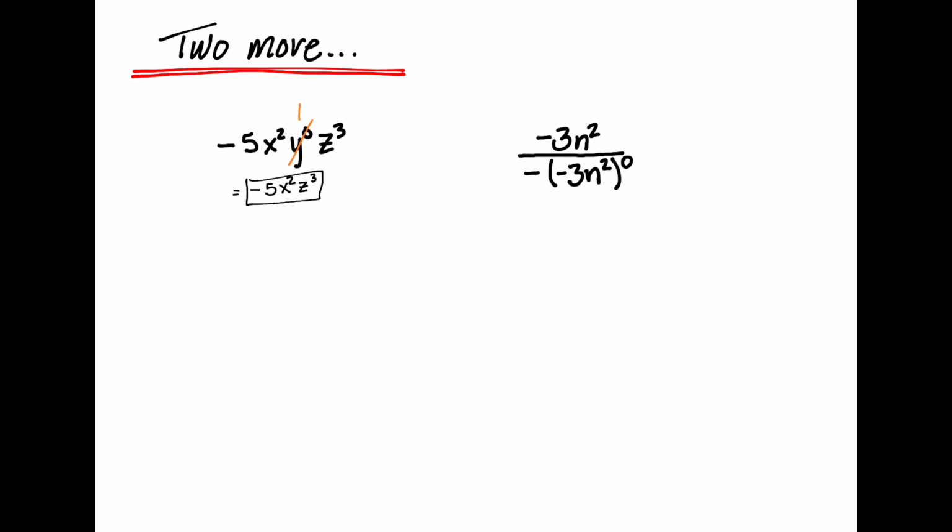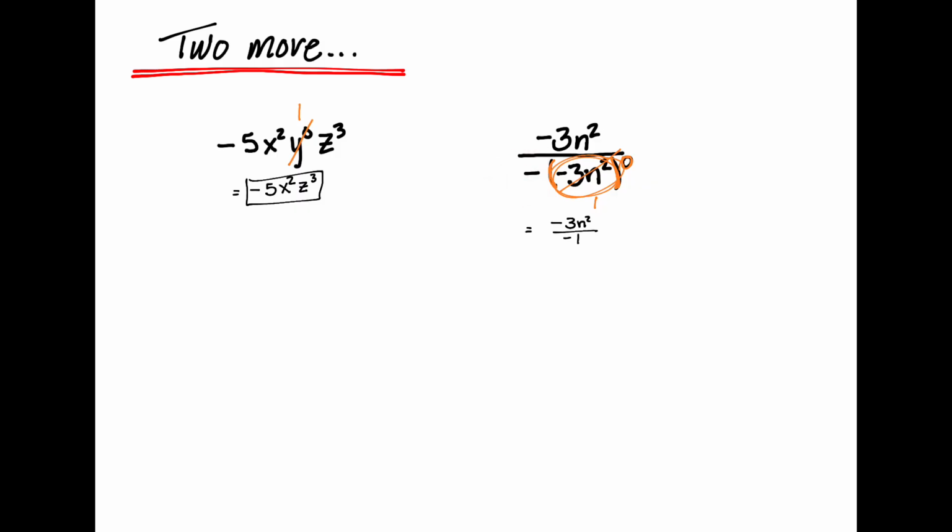Okay, on the next one, here's your 0, and it's immediately behind the parentheses. So that means everything in the parentheses turns to 1. Okay, so we end up with negative 3n squared over negative 1.